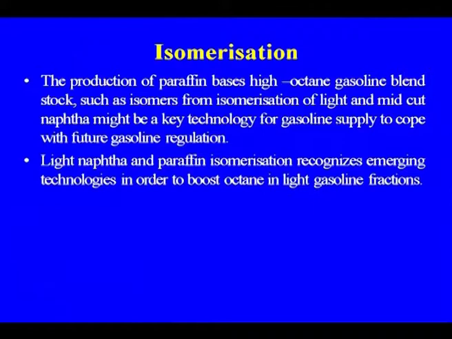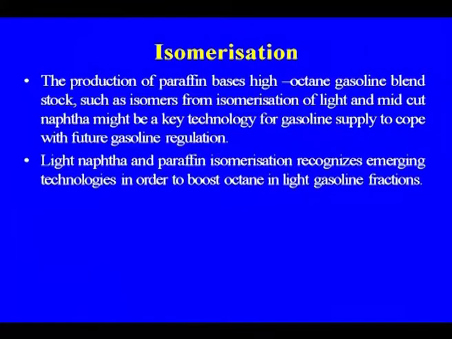Now let us discuss isomerization. The production of paraffin-based high octane gasoline blend stocks, such as isomers from isomerization of light and mid-cut naphtha, might be a key technology for gasoline supply to cope with future gasoline regulations. We are producing low octane naphtha, and more and more gas crackers are coming, so more naphtha will be available in the refinery.